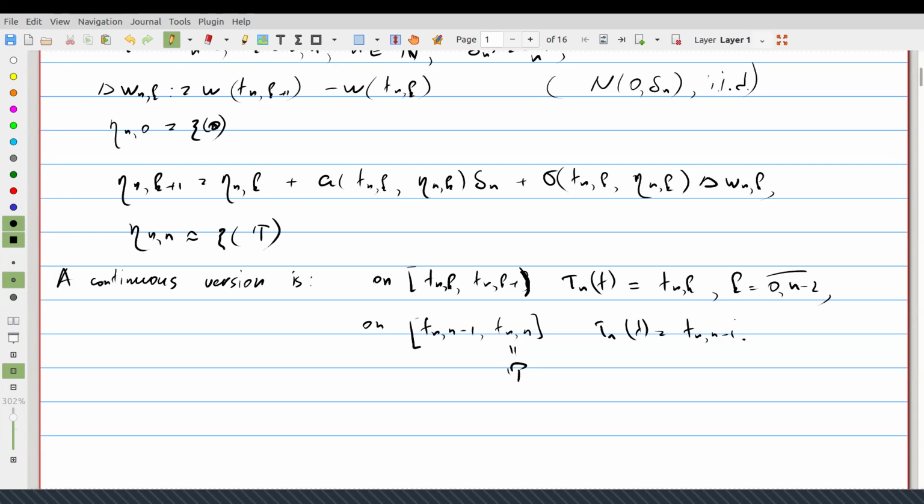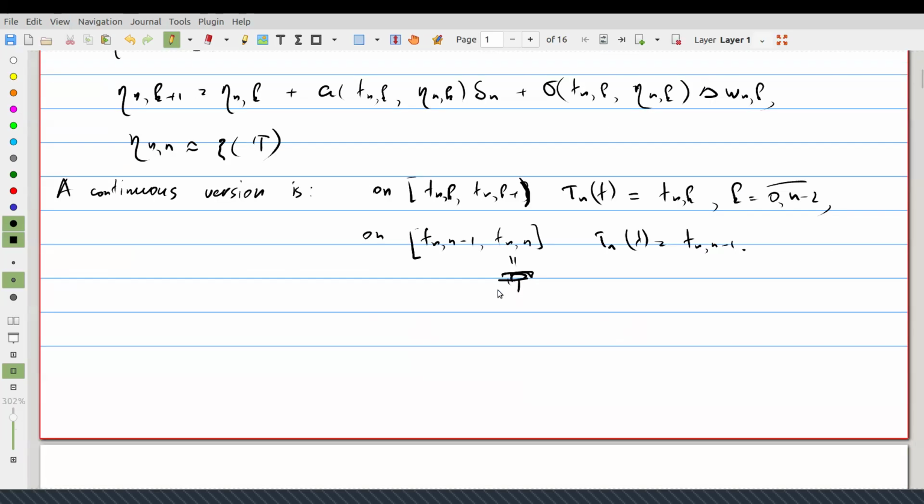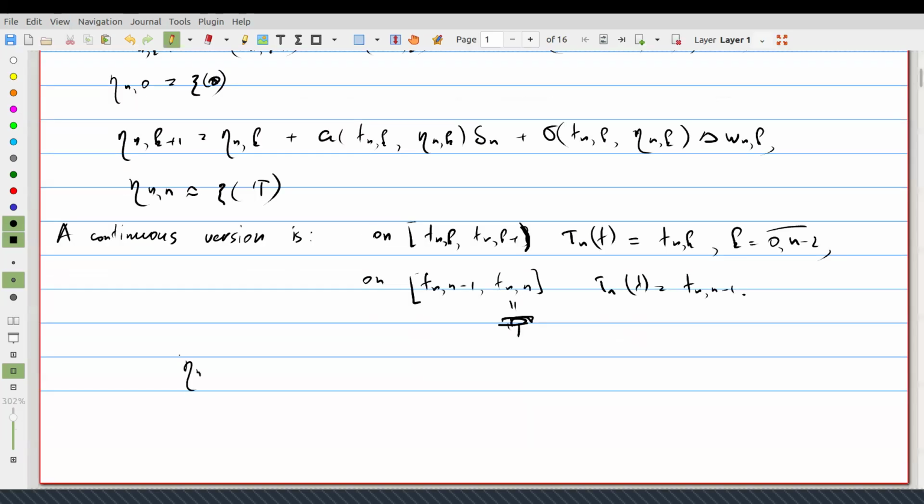And this is a standard idea that what happens at the terminal time is taken to be equal to the limit from the left. It's a standard way to deal with it. We will not care what happens at capital T. We always assume that this effectively happens. And then we will introduce a new process η_N of t, which is continuous.